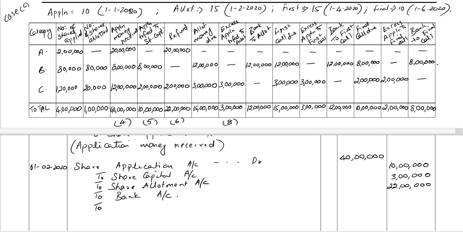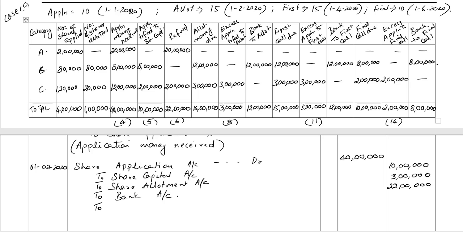And excess application transferred to first call is as per the 11th column, 3 lakh rupees. And the excess application transferred to final call is as per the 14th column, 2 lakh rupees. The total amount which is transferred to calls is 3 lakh rupees plus 2 lakh rupees, 5 lakh rupees.